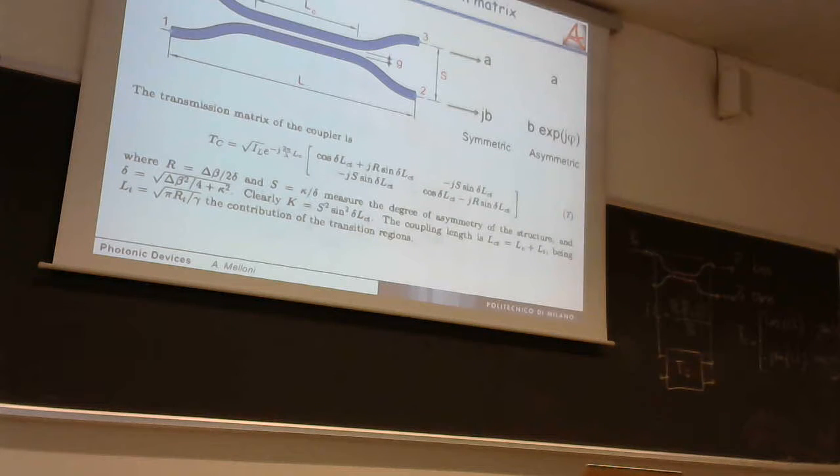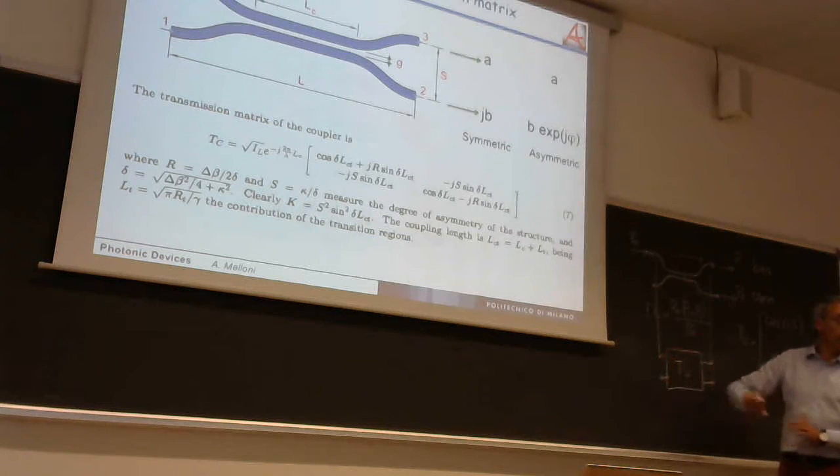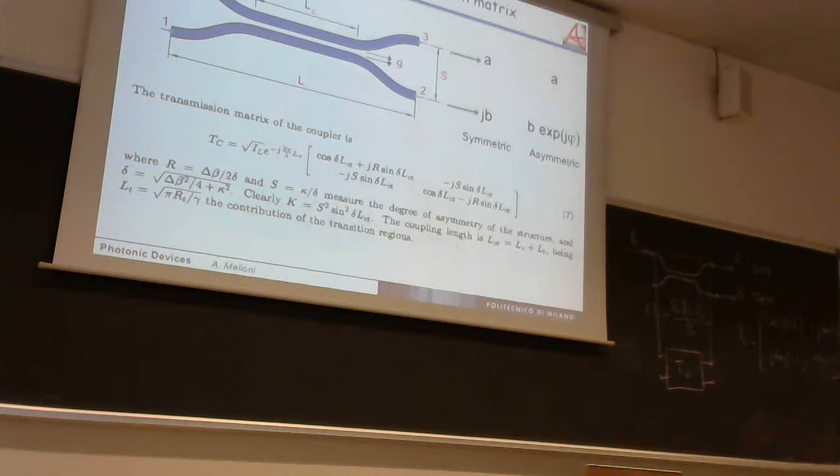So this is the transmission matrix that describes the behavior of your coupler. And with this, you can calculate every output once the inputs are known. So very easy.